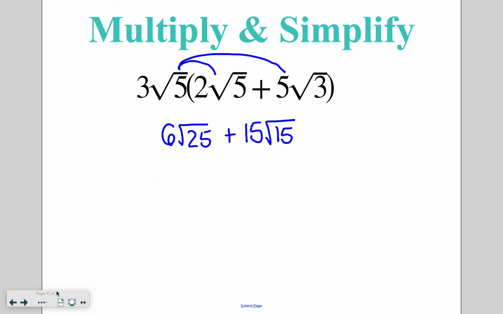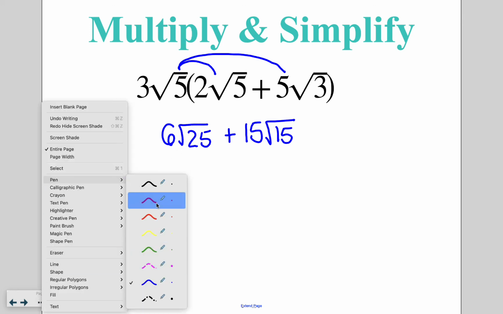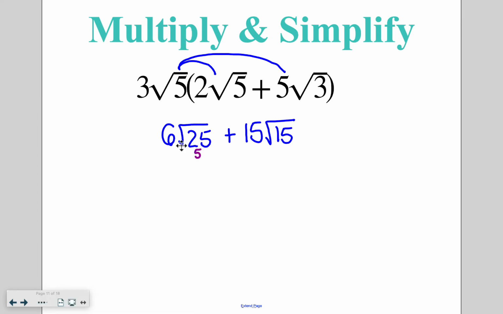The square root of 25 can be solved, so that's going to be 5, leaving us with just 6 times 5 in the front, or 30, plus 15 cannot have a perfect square factor, so we leave it as just 15 square roots of 15.